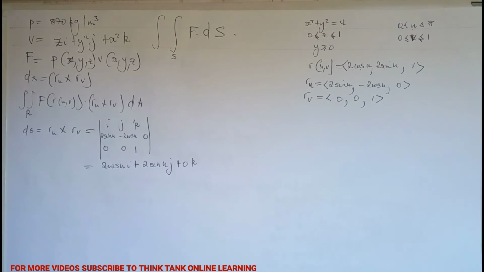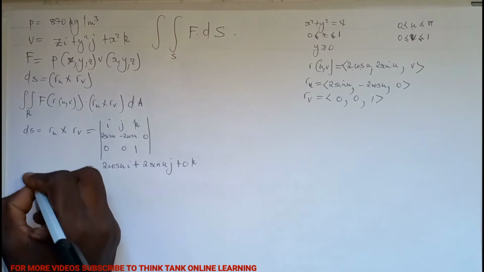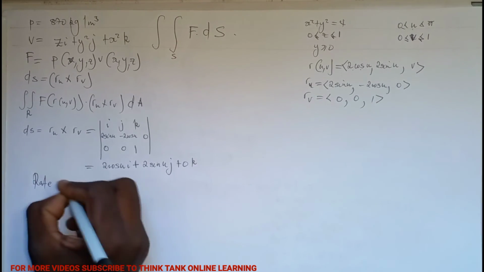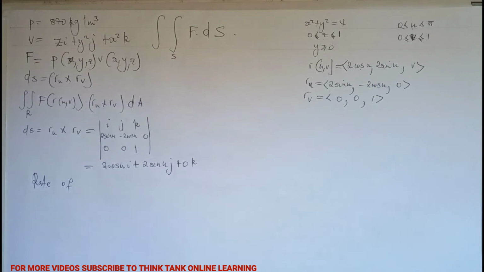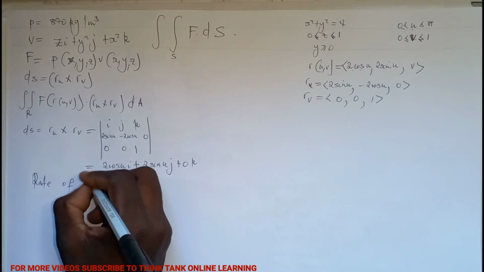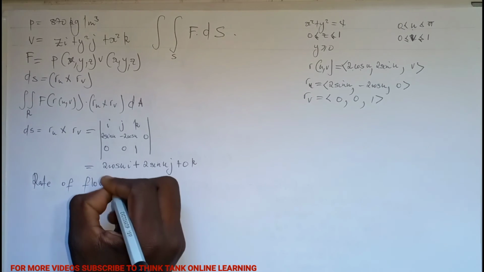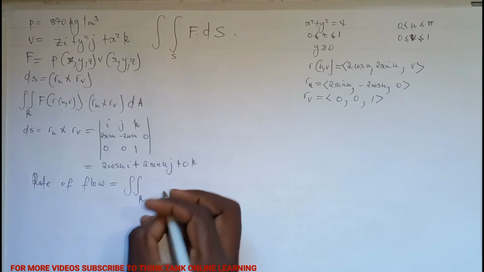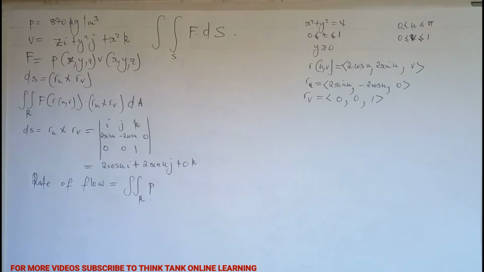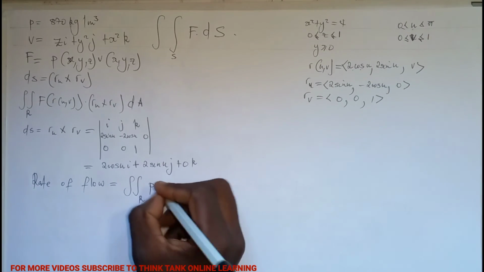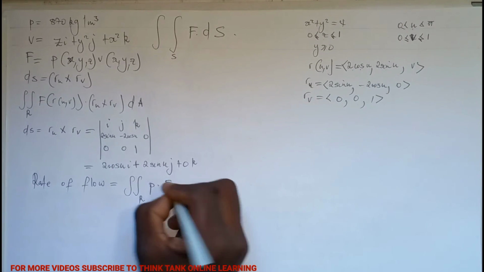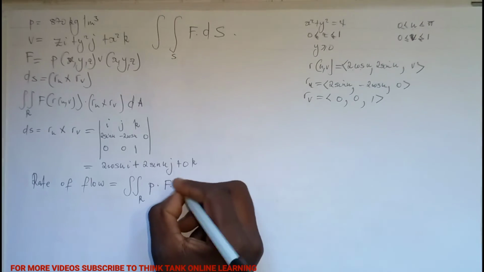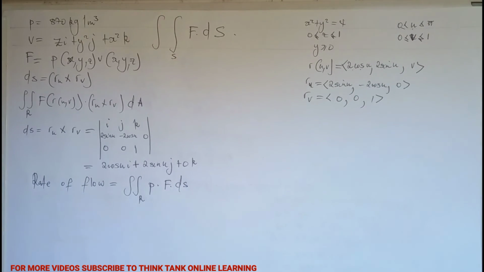That means the rate of flow is equal to the double integral over this region of density times F dot dS.